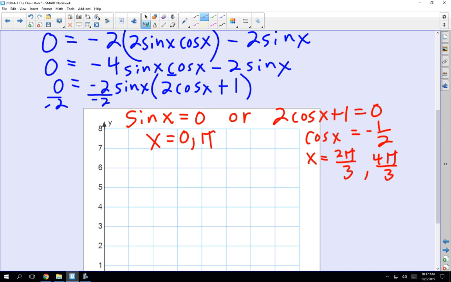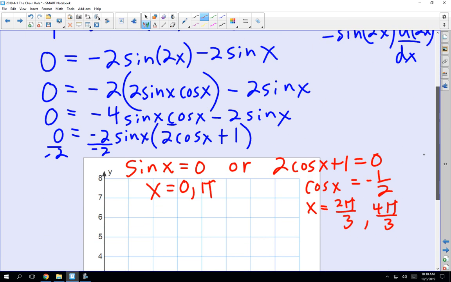These are the x values where the function hits a high point or a low point as it cycles. There are 4 of them from 0 to 2 pi. Should we graph it on the graphing calculator? It'll be better since we have it, and then we'll verify that that's what we have.